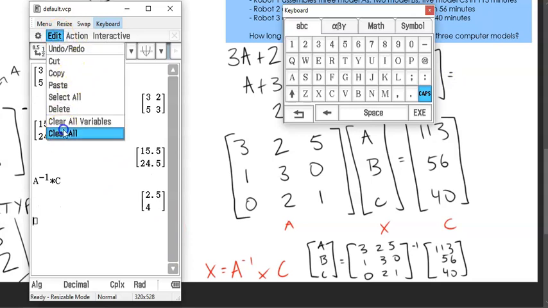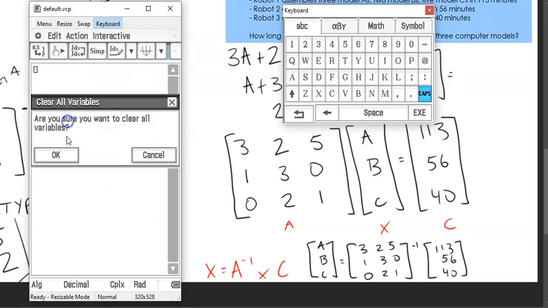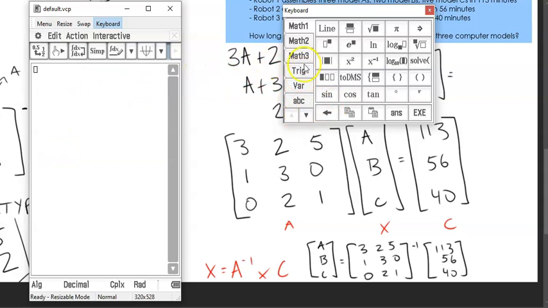So edit, clear all variables. Let's put in the matrix. So it's a 3 by 3. 3, 2, 5, 1, 3, 0, 0, 2, 1.